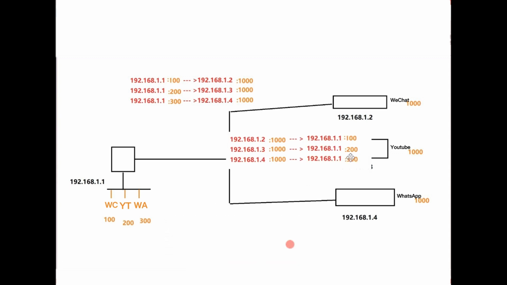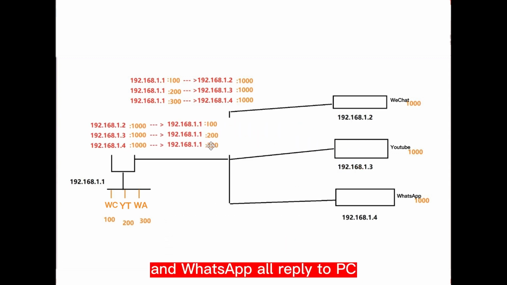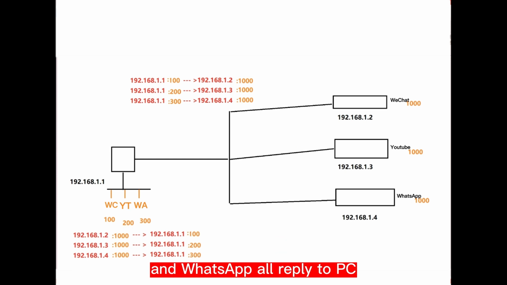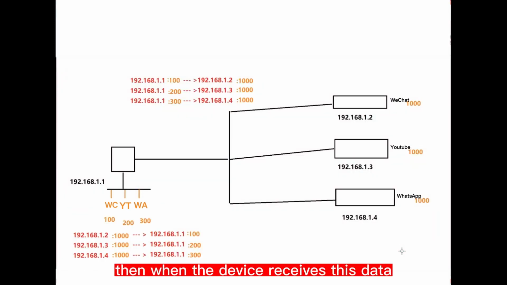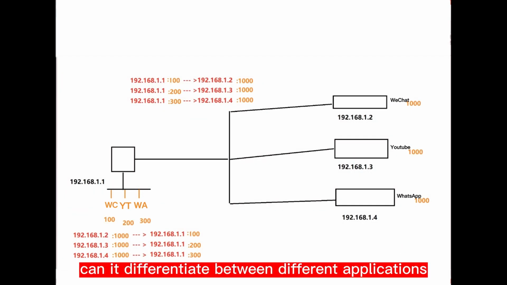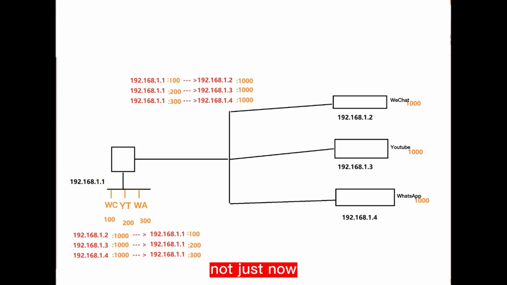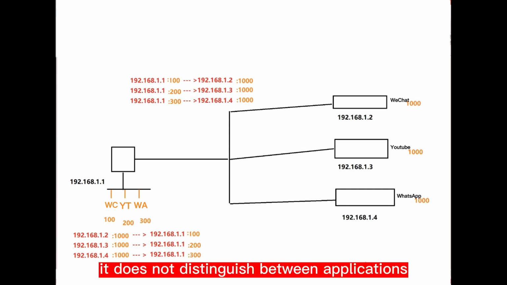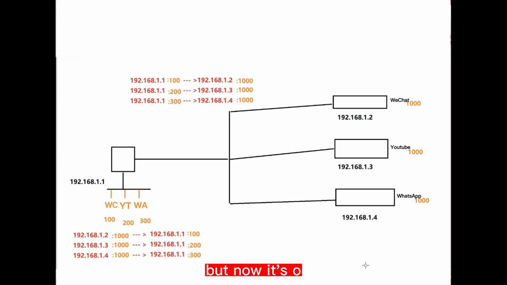Let's see now. WeChat, YouTube, and WhatsApp all reply to the PC. When the device receives this data, can it differentiate between different applications? Not with just an address, because there is only one address, it does not distinguish between applications. But now it's okay.